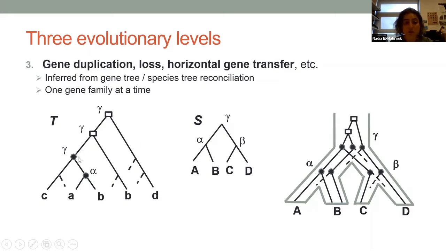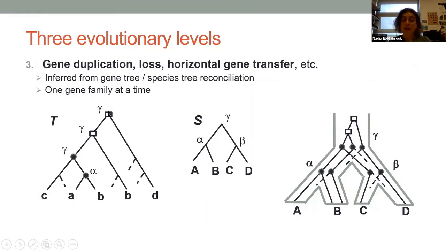Each node is mapped to the least common ancestor of the tips of its subtree. For example, this node is the root of this subtree, the tips are C, A, B, so we look at the least common ancestor of A, B, C, which is gamma. So this node is mapped to gamma.